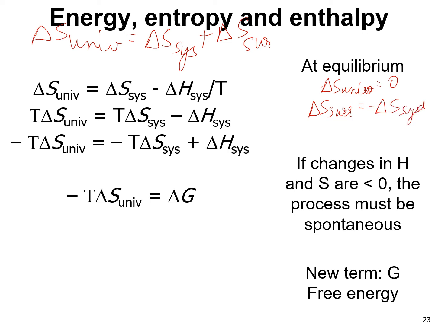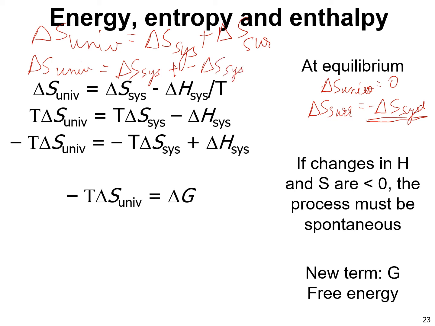So in this expression, I replaced delta S of surroundings with this. Delta S of universe will be equal to delta S of system plus negative delta S of system, right?